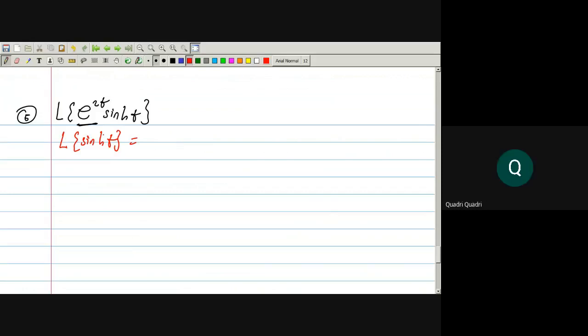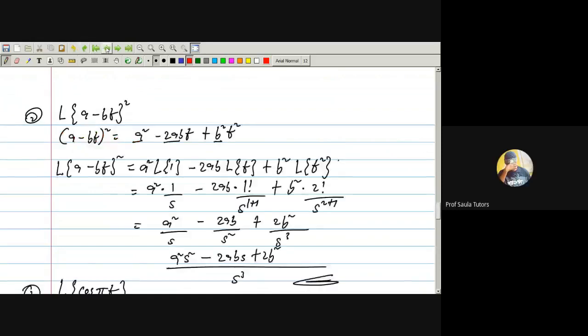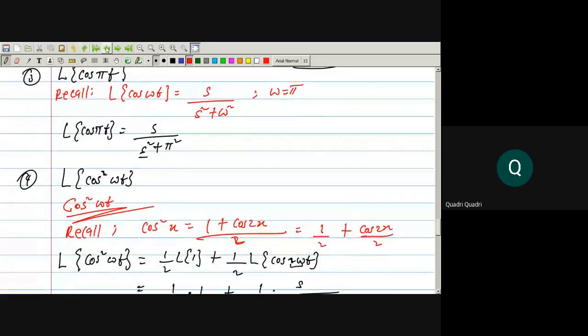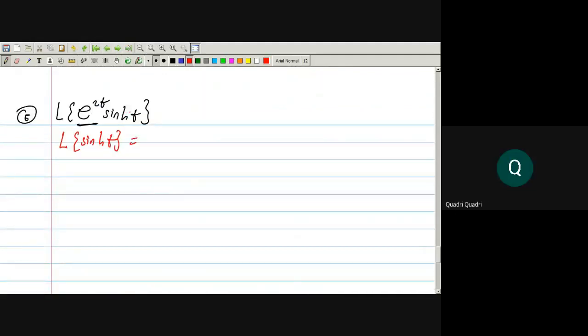Now, omega is not here, it is 1. So this will be 1 over s squared plus 1.